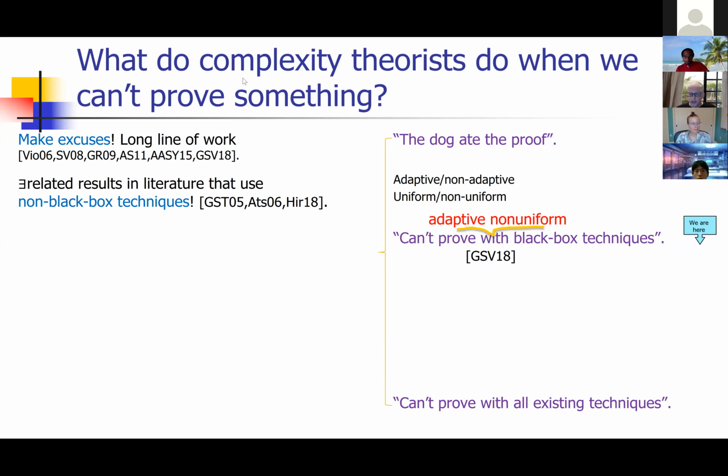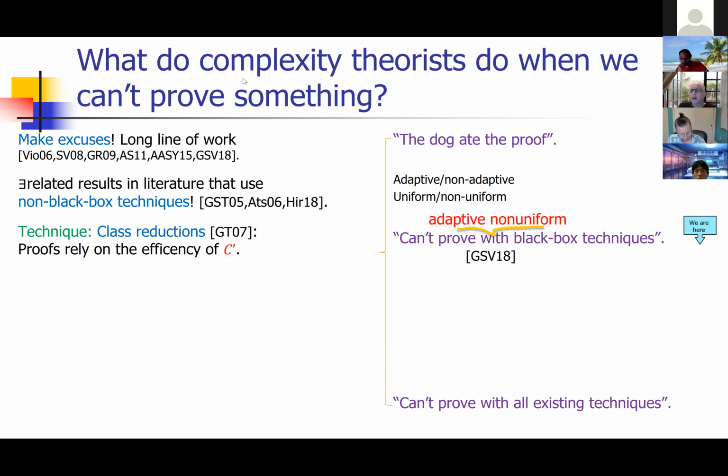Hirahara gave a worst case to average case reduction for languages in NP, which uses non-black box techniques, and specifically it uses a technique which I'll call class reductions, where the proof relies on the efficiency of the adversary C prime, which is trying to break F XOR T.